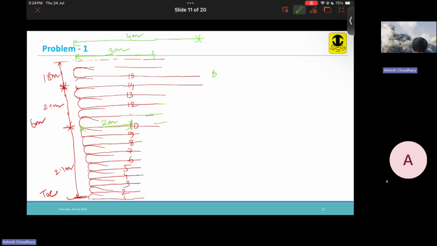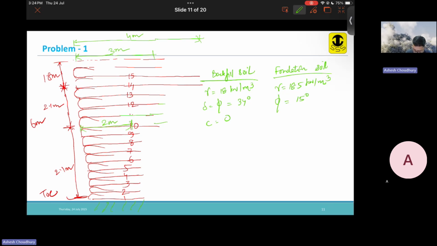Backfill soil properties are given to you. Backfill soil gamma is equal to 18 kilonewton per meter cube. Delta is equal to 34 degrees. C is 0. And for the foundation soil, that means the soil below, 0.955.